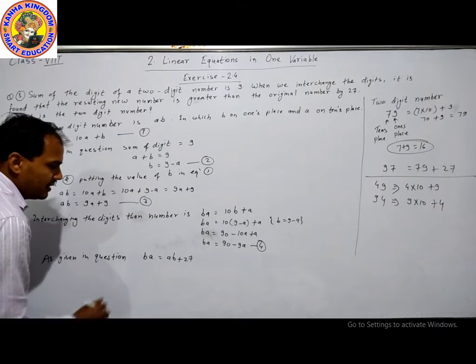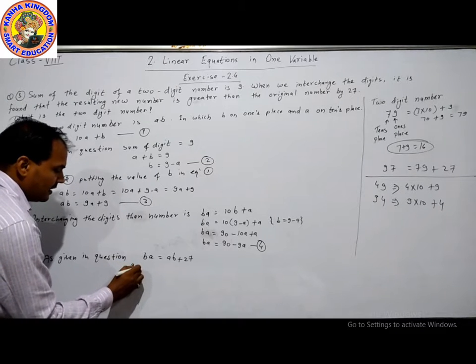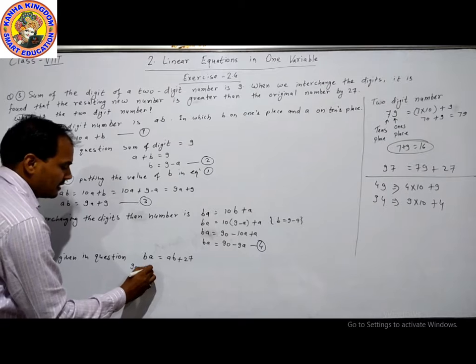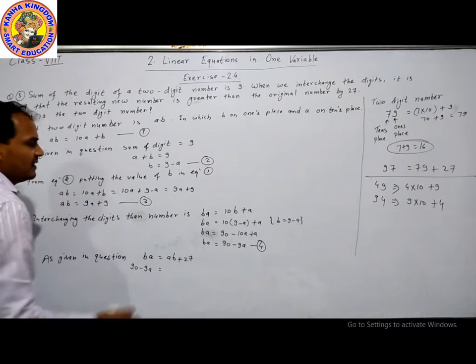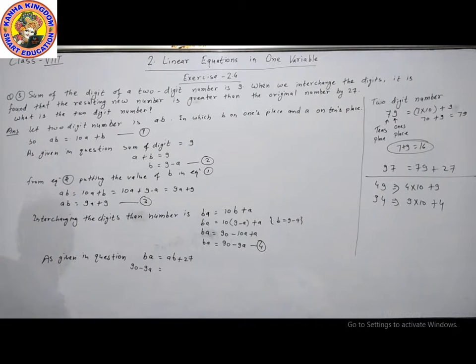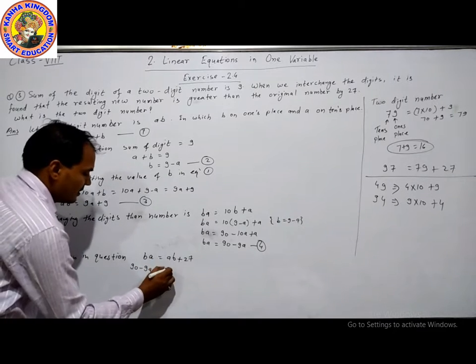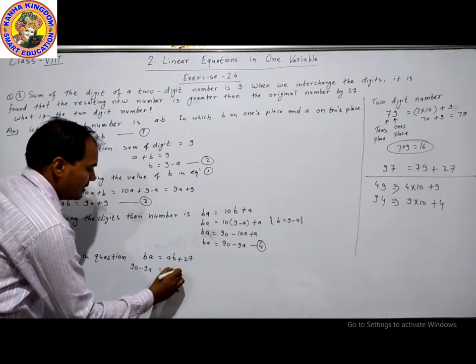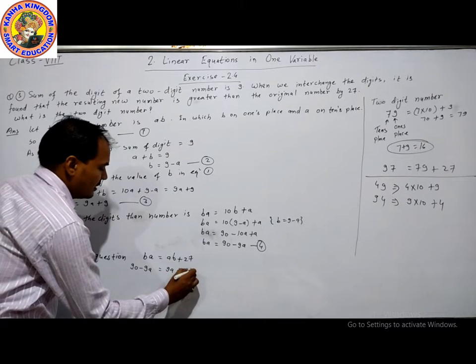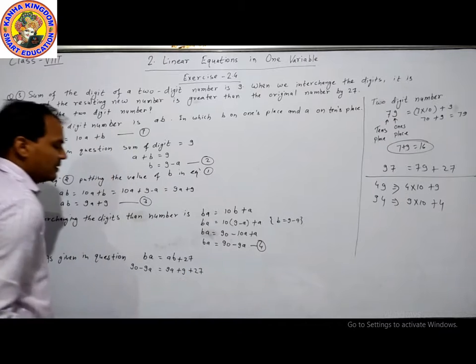Put the value of BA: 90 minus 9A is equal to the value of AB, which is 9A plus 9, plus 27.